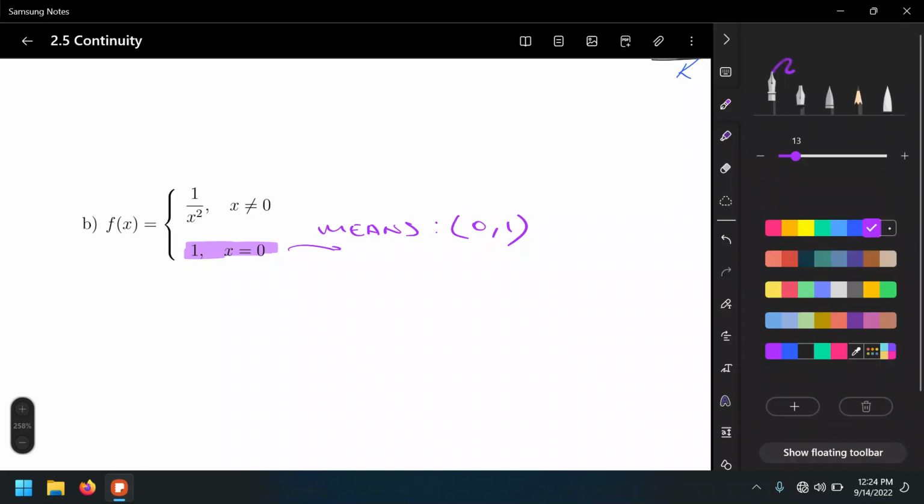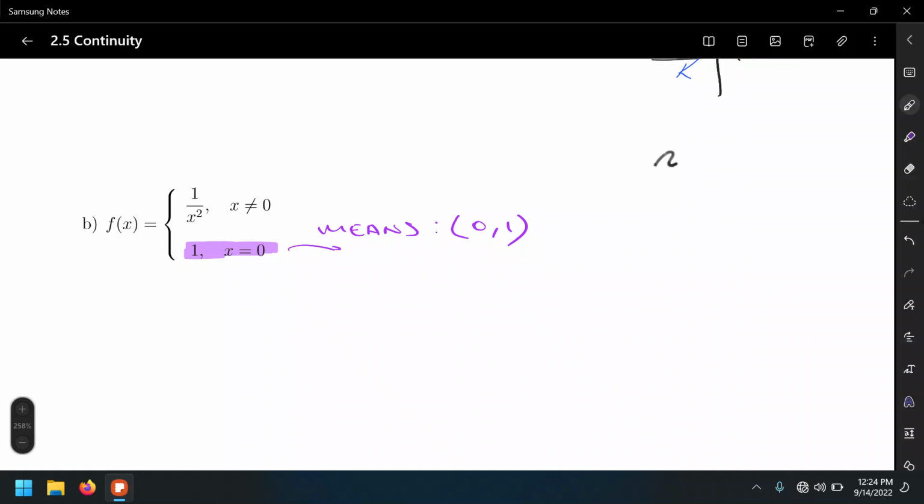And let's draw the graph of this function. For a big reason, we covered almost a whole first chapter to review the parent graphs. So we have the graph of 1 over x squared, which looks like this.